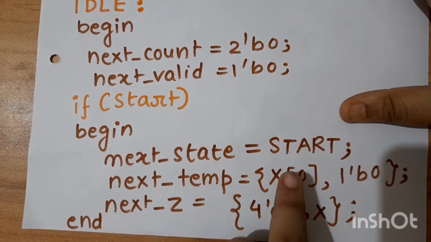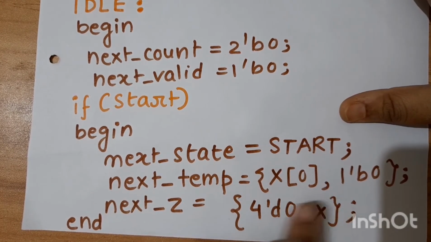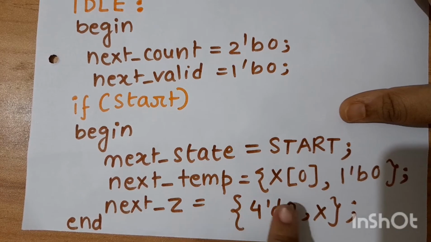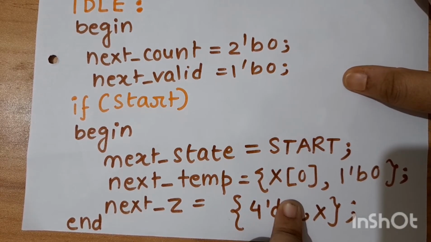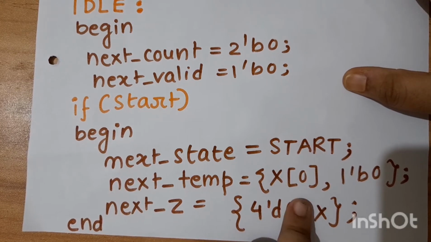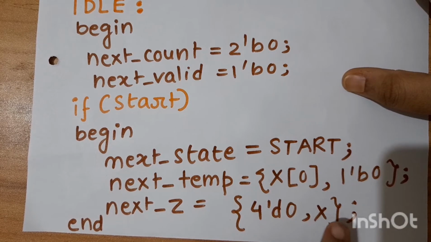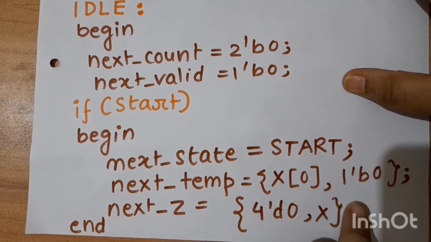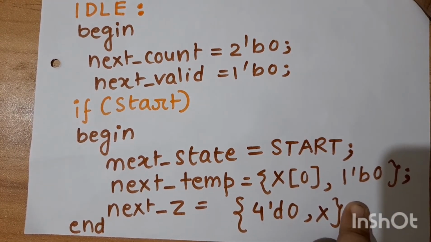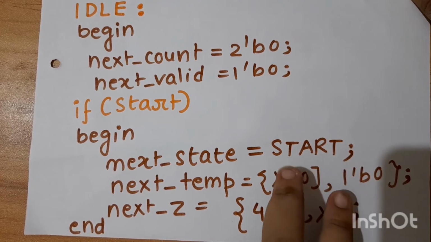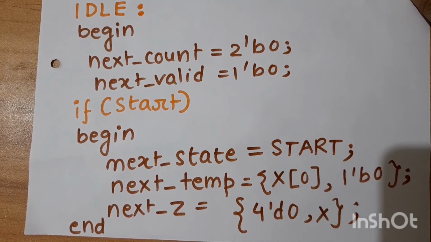Okay. So next state would be 1'b1, and next temp would be x[0]. So x, y, we consider x as the multiplier. So the 0th bit of the multiplier, that is the LSB of the multiplier, comma 1'b0. This is for the Q minus 1 bit, which we will concatenate and we will check for the values 01, 10, 11, 00.